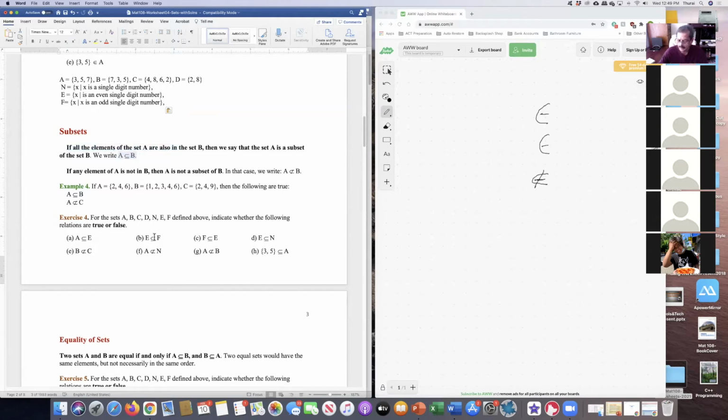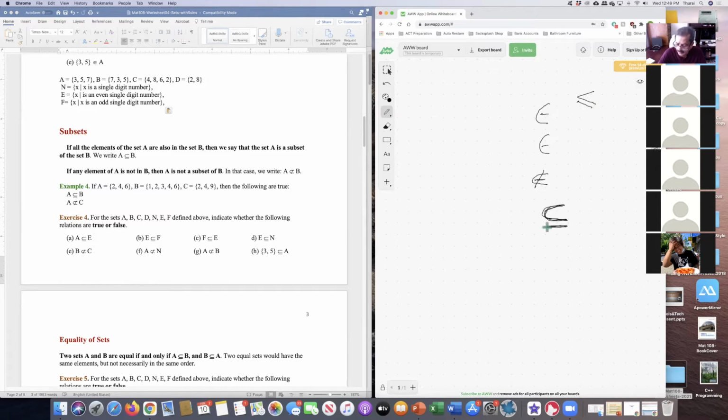The notation here is like a U written sideways. And we put an equal line underneath, which basically says it can be equal. It's just like less than or equal. Less than means less than. If you allow a line underneath it, it's now less than or equal. That means equality is allowed there.